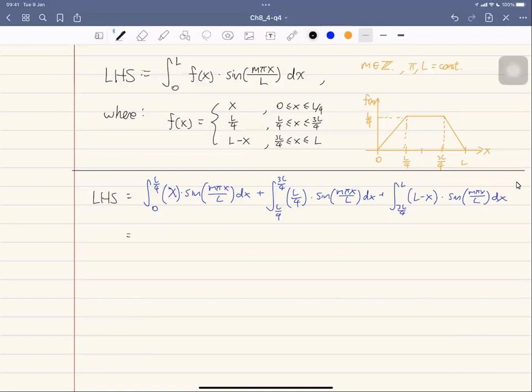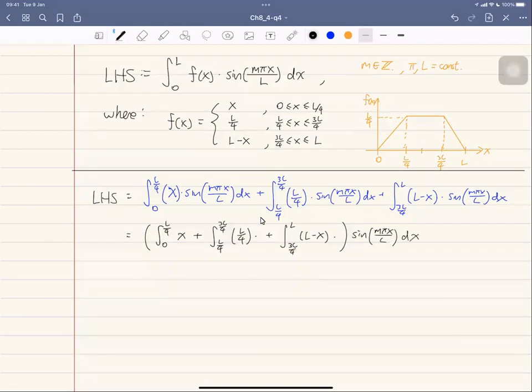What I sometimes do is I just write this: x plus L over 4, 3L over 4, L over 4, plus 3L over 4 to L and L minus x, like this, times sine m pi x over L dx.